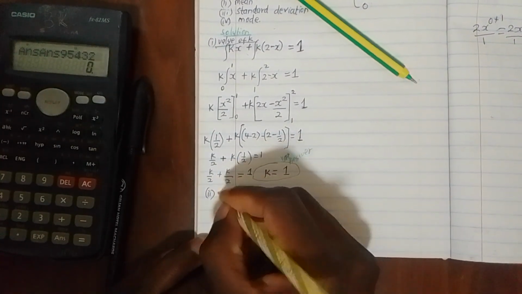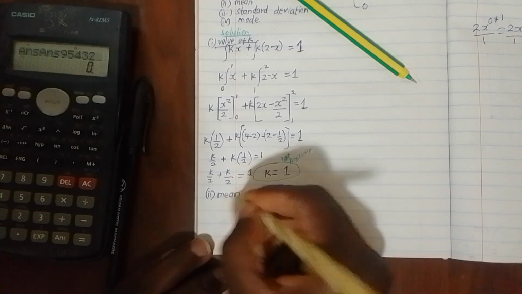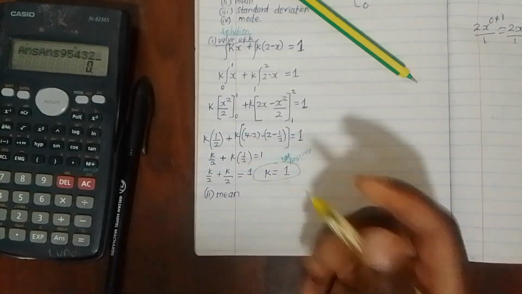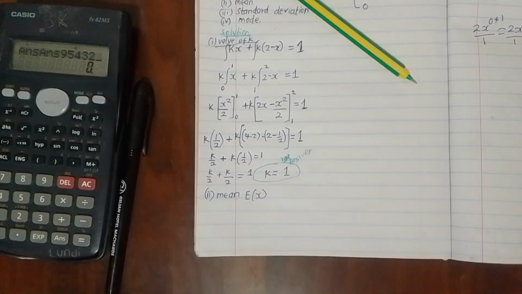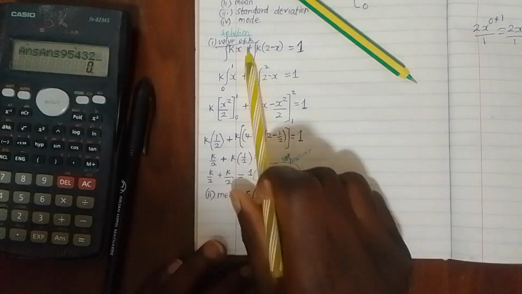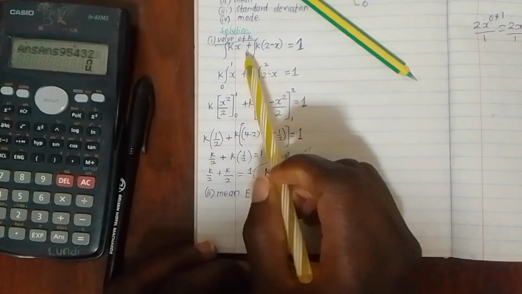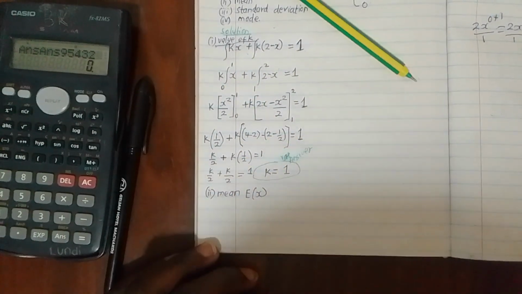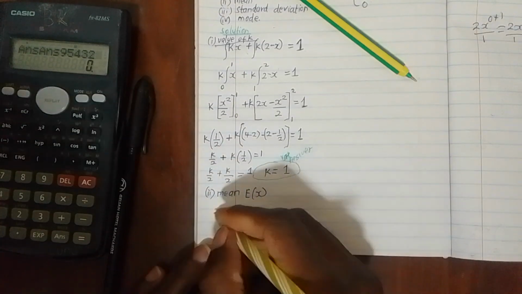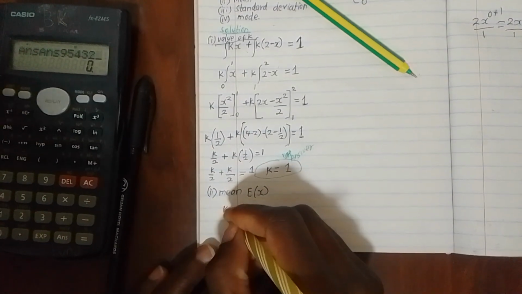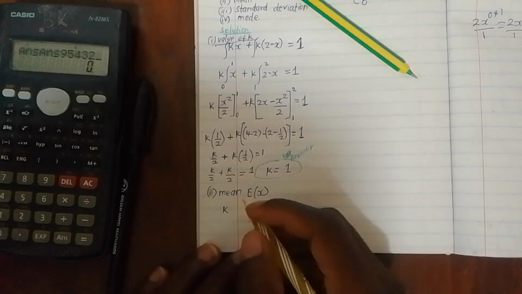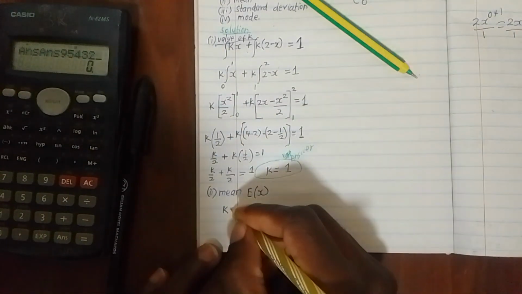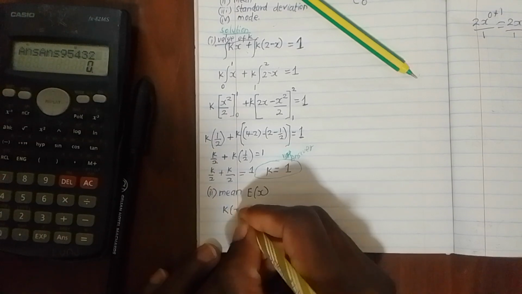The second one asks us about the mean. So the mean is usually you multiply it by x. So you see here, we'll just add a multiple of x, then we repeat the same thing. So when we write the question, we are starting like this, k into x.